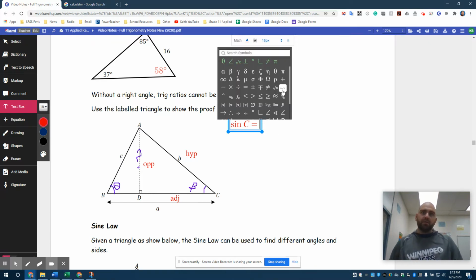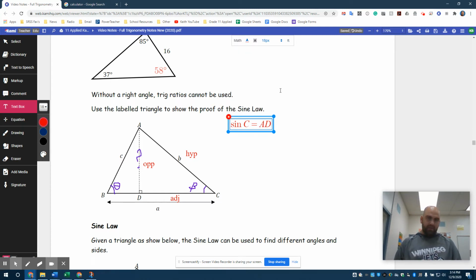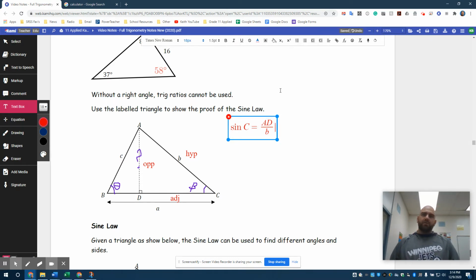Line segment AD divided by b. Now, what I want to do in this case is solve for AD.